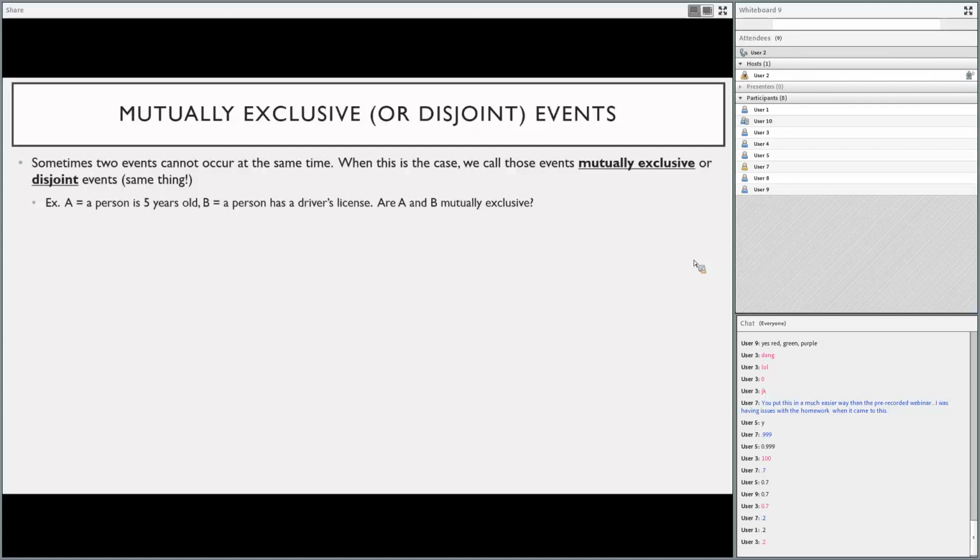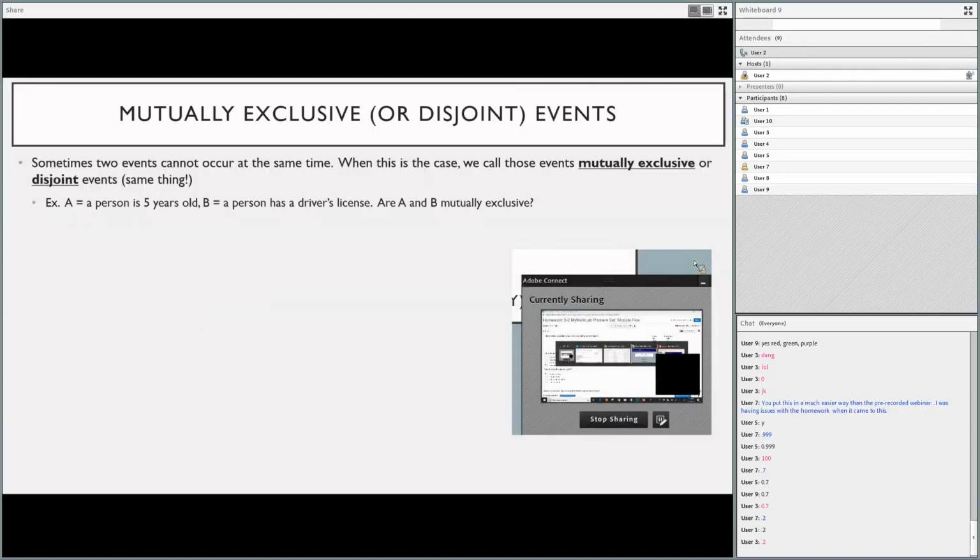So for example, if the event A is that a person is 5 years old and the event B is that a person has a driver's license, we would ask ourselves, are these mutually exclusive? So the question is, is it possible to have a person who is 5 years old who also has a driver's license?